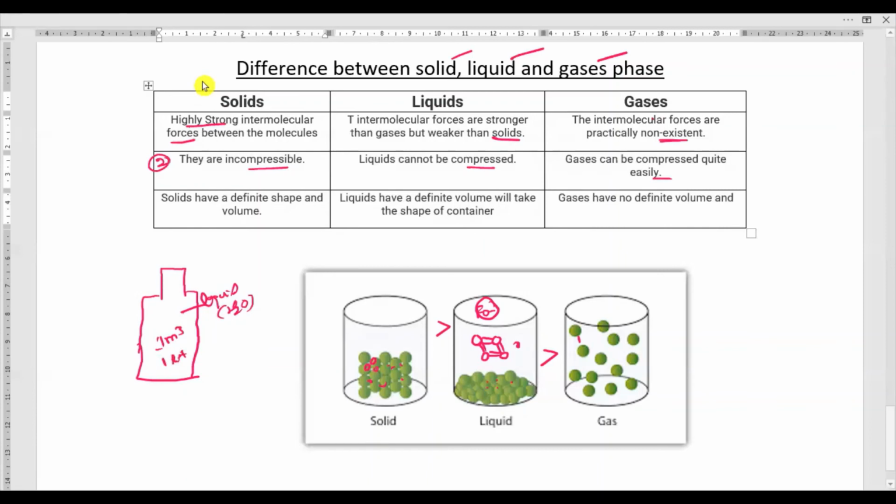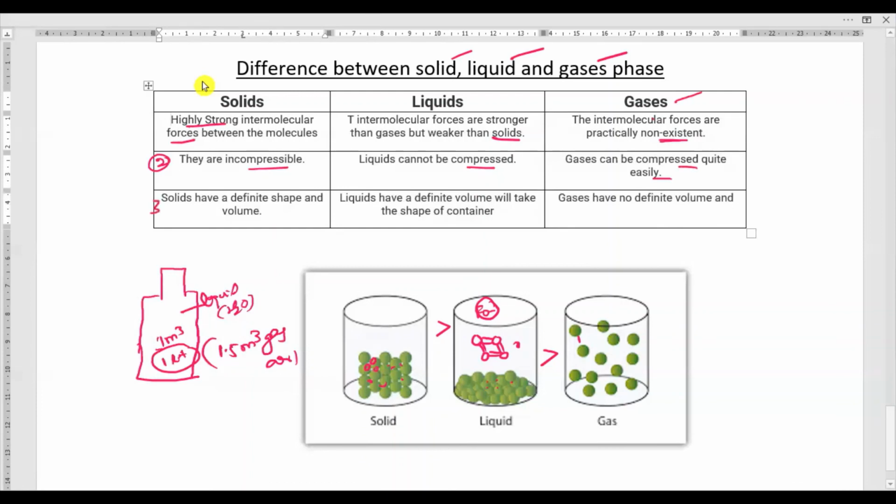It is 1 liter only, 1 liter of water. But in the same 1 liter water bottle volume, you can take 1.5 meter cube of gas or air, whatever. So for that reason, gases are compressed easily.